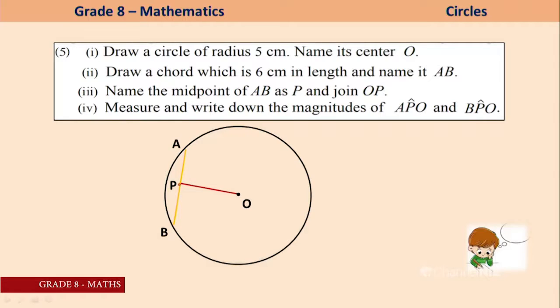Measure and write down the magnitudes of angle APO and angle BPO. Okay, children, how to measure that angle? You can use the protractor. Here, angle APO should be 90 degrees and angle BPO also 90 degrees.